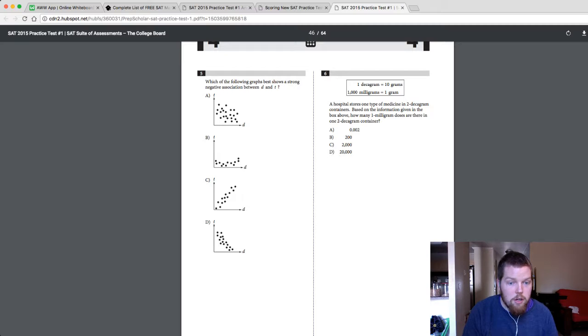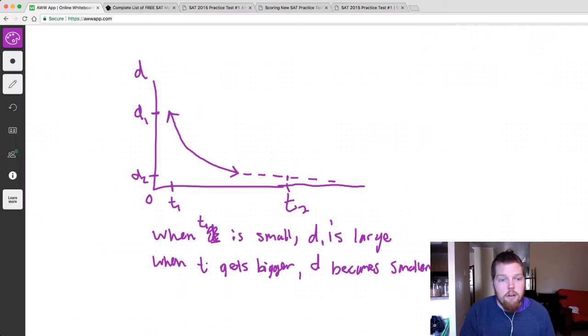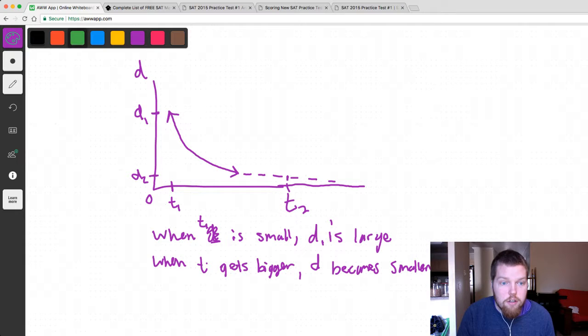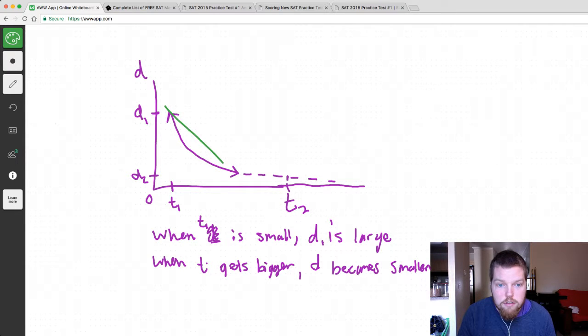And same thing here with this positive association. And if we drew that trend line like I did before, but let's say this time we just drew it as a straight line instead of a curved line, it would kind of look like this. And if we were doing the slope, this is the change in x and the change in y.